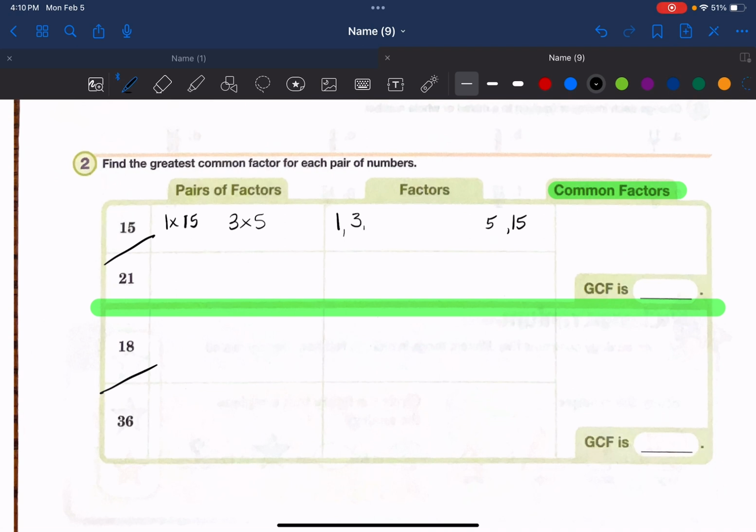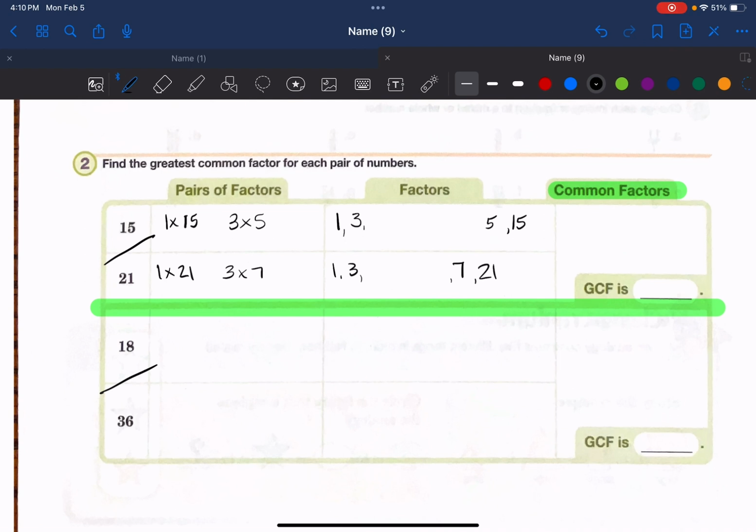Okay, for 21, I'm going to start with 1 and 21. And then I'm going to go to 2, but since 21 is an odd number, 2 doesn't work. So now I'm going to try 3: 3, 6, 9, 12, 15, 18, 21. That was 3 and 7, so 3 times 7.